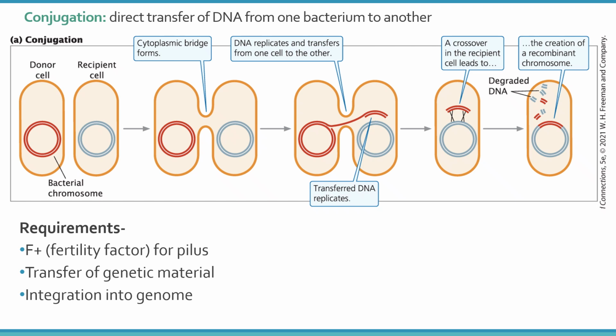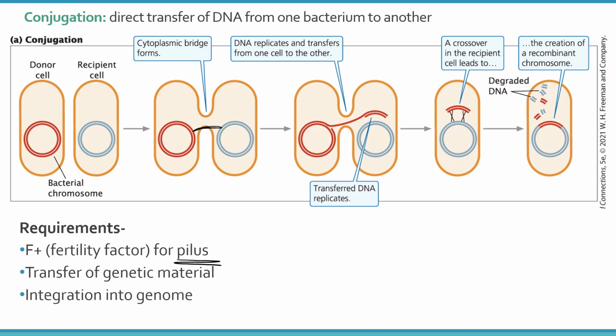But the very first thing that happens is that the cell has to form a structure called a pilus. A pilus is basically a tube that extends from one bacterium to another and then fuses with the second bacterium. It basically forms a bridge between the two bacterial cells, and cytoplasm can move back and forth between the two cells.